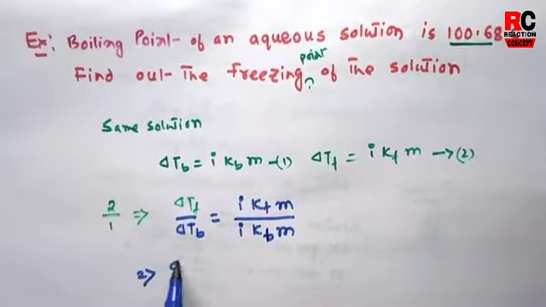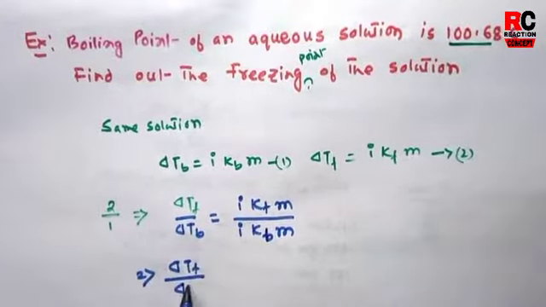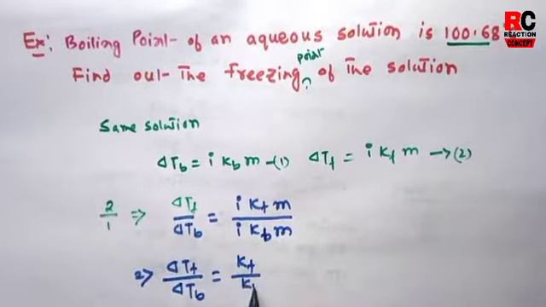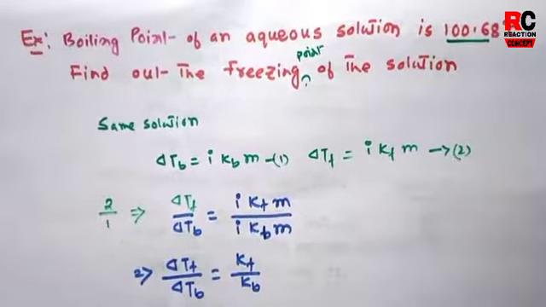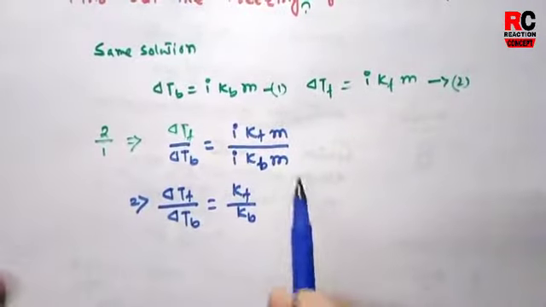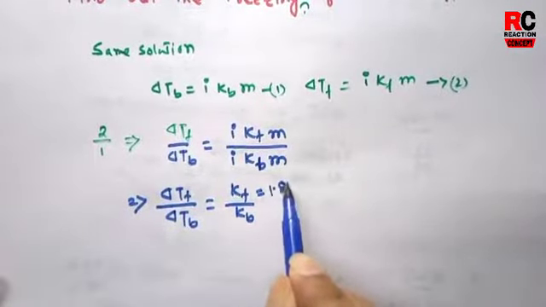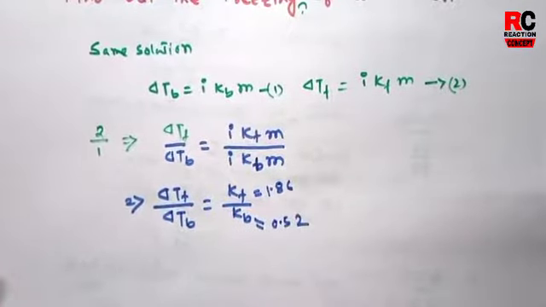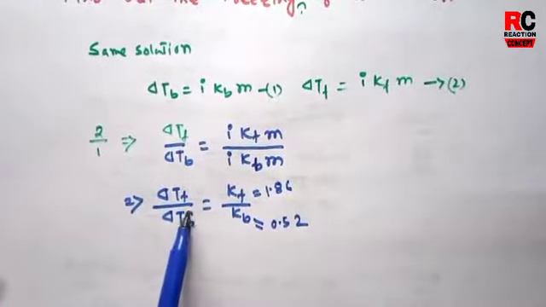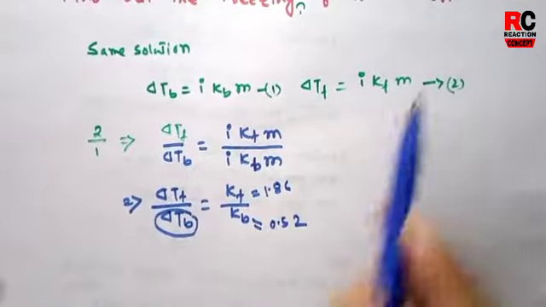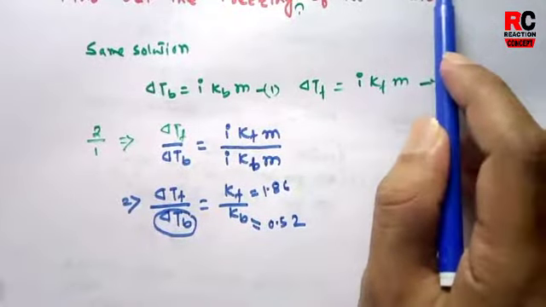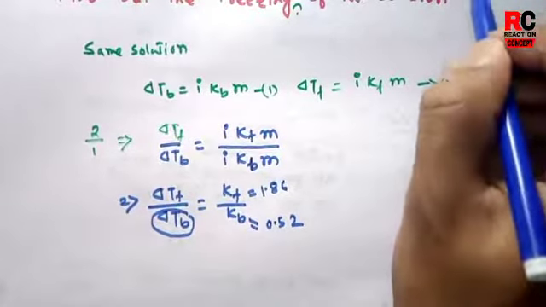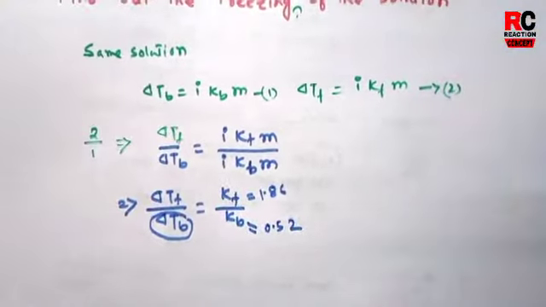Therefore ΔTf divided by ΔTb equals Kf divided by Kb. So for water, Kf is 1.86 and Kb is 0.52, and we know the elevation of boiling point.